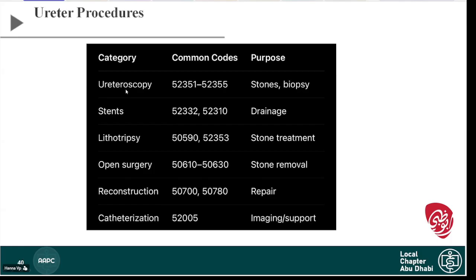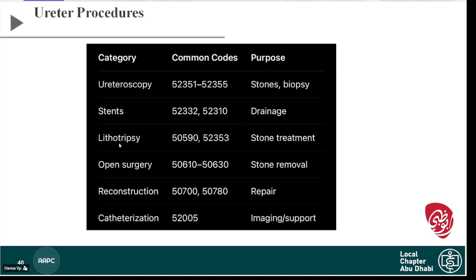Endoscopy procedures in the ureter, which we especially do to know about the stones and for biopsy removal. Okay, then stent placement. We usually keep stents for drainage purposes or to prevent the stones and all.